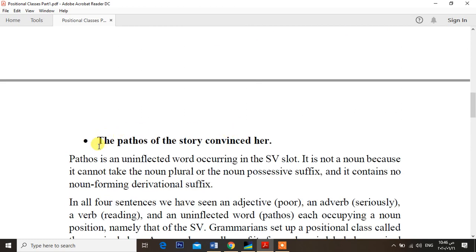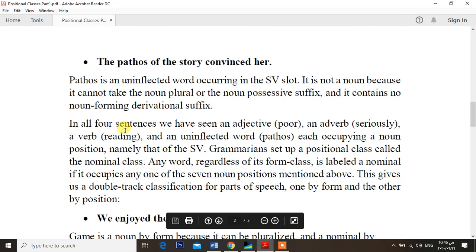Our fourth example: the pathos of the story convinced her. Pathos is an uninflected word occurring in the SV slot, or in the SV home. It's not a noun because it can't take the noun plural or the noun possessive suffix, and it contains no noun-forming derivational suffix.